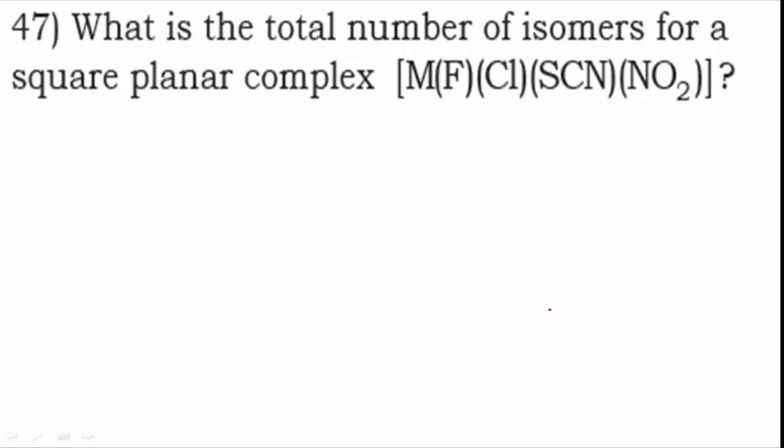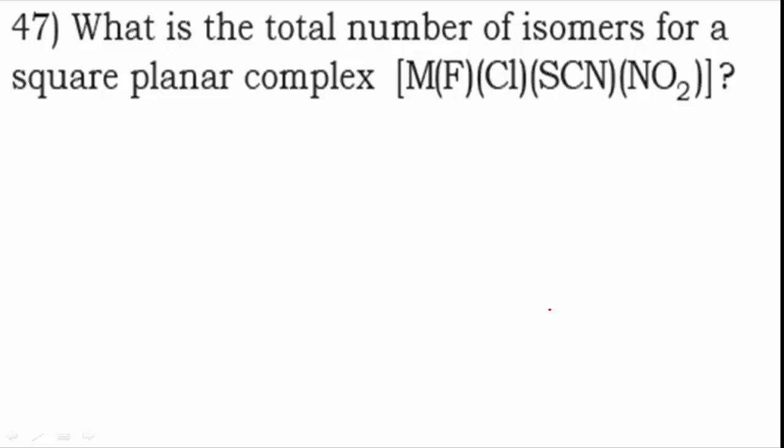Next, question number 47. What is the total number of isomers for a square planar complex M(F)(Cl)(SCN)(NO2)? What is the total number of isomers for a square planar complex?